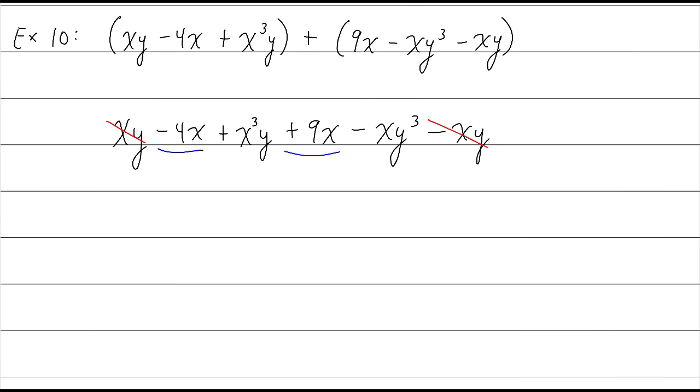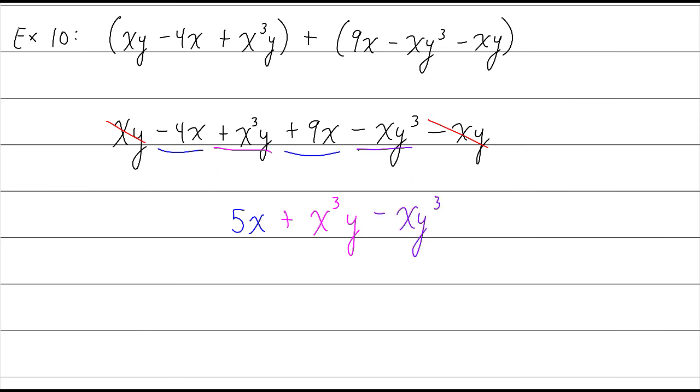What's negative 4x plus 9x? 5x. Plus x cubed y. Well, we just said that that's not the same thing as this one, so I have to leave it separate. And minus xy cubed, nothing to pair that up with.